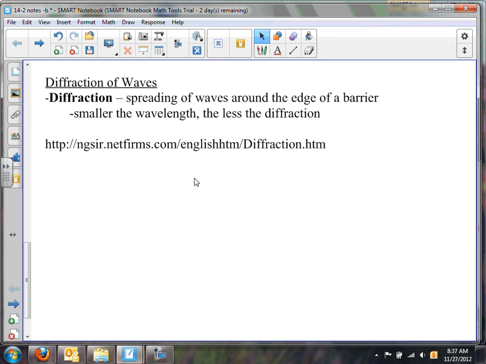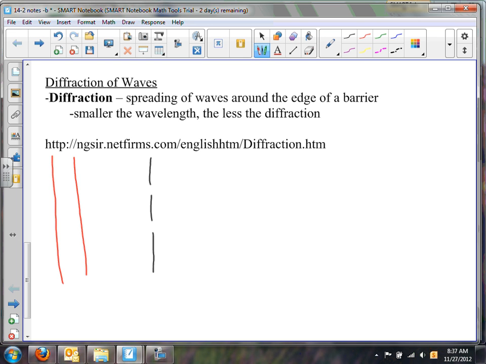If you have two holes or two openings, and I've got waves, each of these red lines represents a wave crest. So the difference between red lines would be a wavelength. When it gets to this opening, we know that it makes little semicircles, as in the video before.